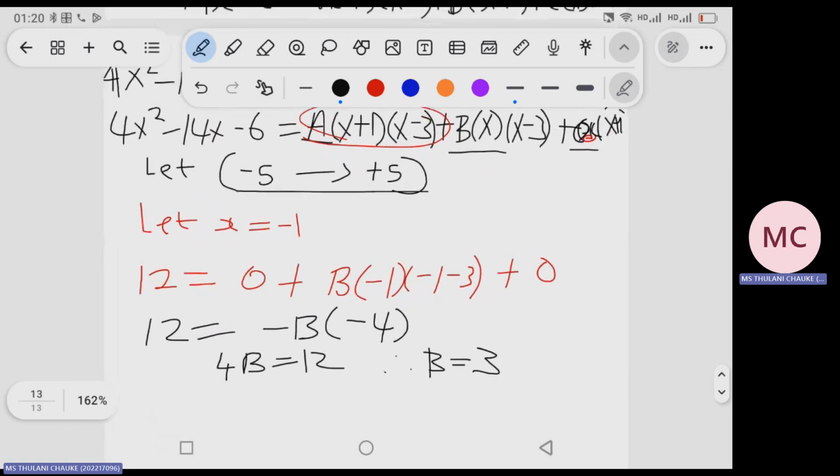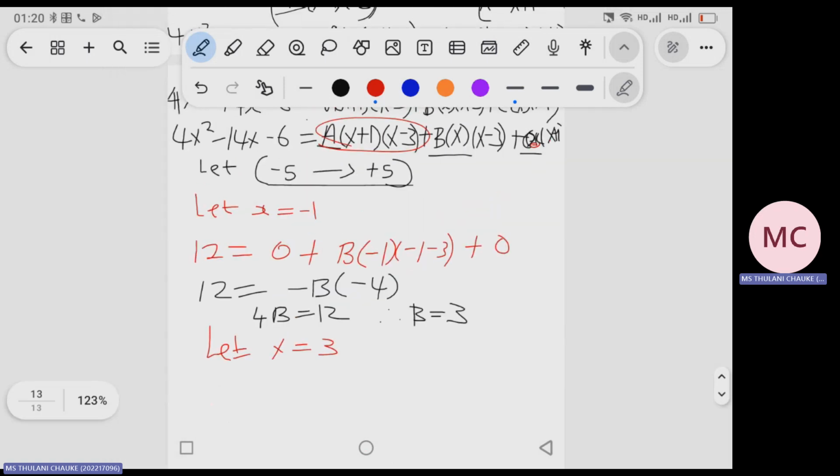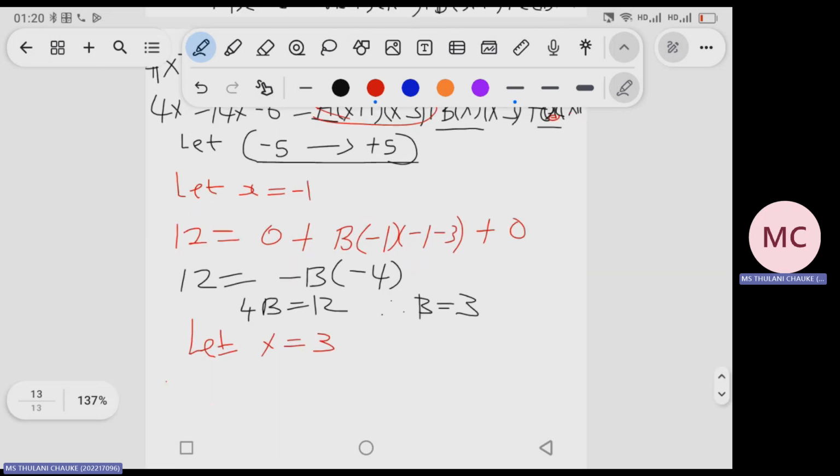So we're gonna do that. We can now say let x be equal to 3. So if we're putting 3 on the left, I'm going to have -12.